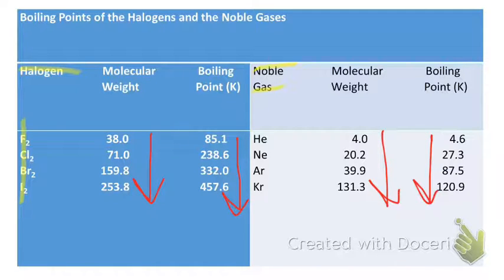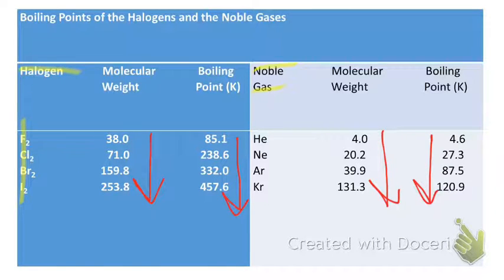And so that's a pretty important factor. When you're looking at two different molecules, make sure you look at the molecular weight first. The one that has the highest molecular weight is going to have the higher boiling point in most cases. We'll get more in depth in this in a minute.